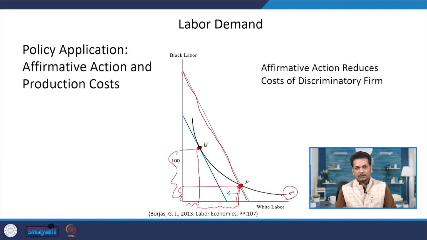The output is fixed. So, definitely this combination of factor inputs is going to force the farm to operate on a higher cost function. Point P does not lie on the lowest isocost that would allow the farm to produce Q star units of output, and this prejudiced farm uses an input combination that costs more than the input combination it would have chosen had it been a color blind, non-discriminatory farm.